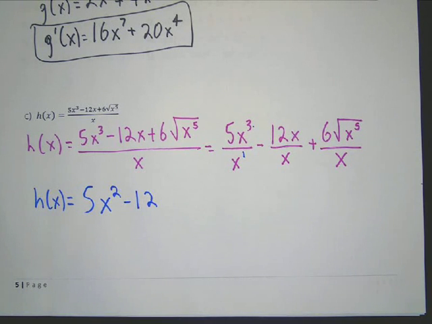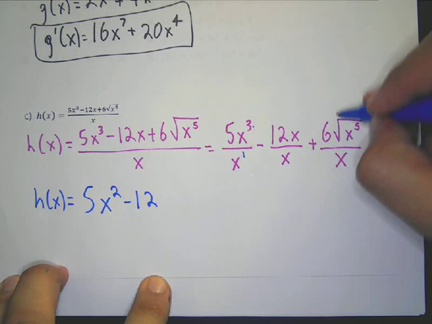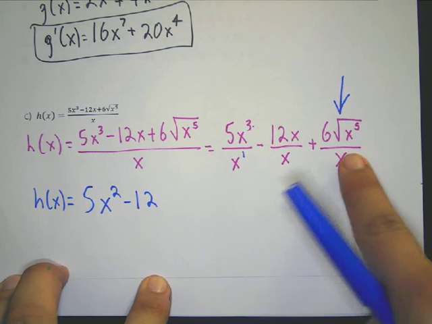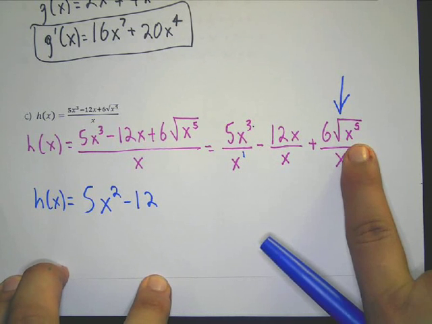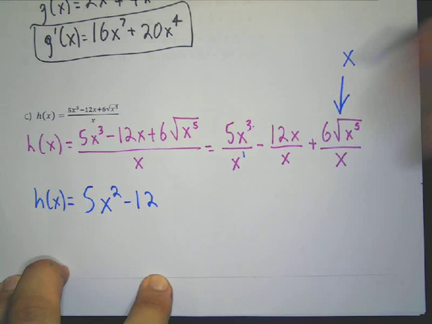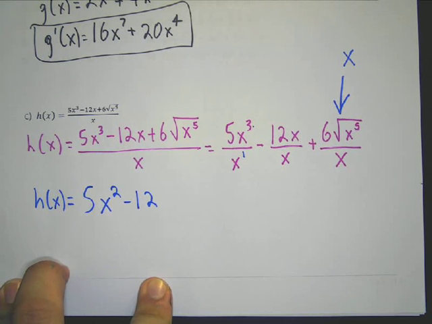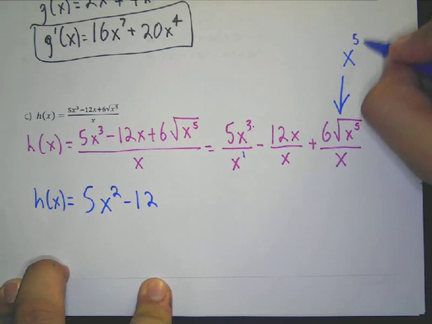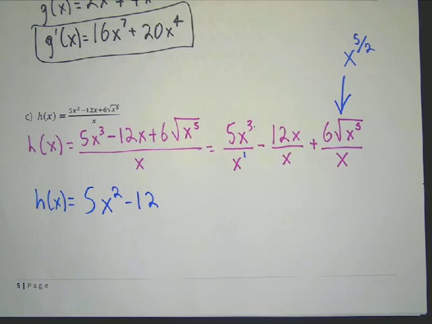In the last term, we're going to have to be a little more clever. We have to remember that when I have a radical here, what can I change this to? X to the what power? 5 over 2, right? The number that is getting exponented goes on top, and then the number that is the root goes on the bottom. And remember, if there's nothing written there, you assume that it's what? 2.